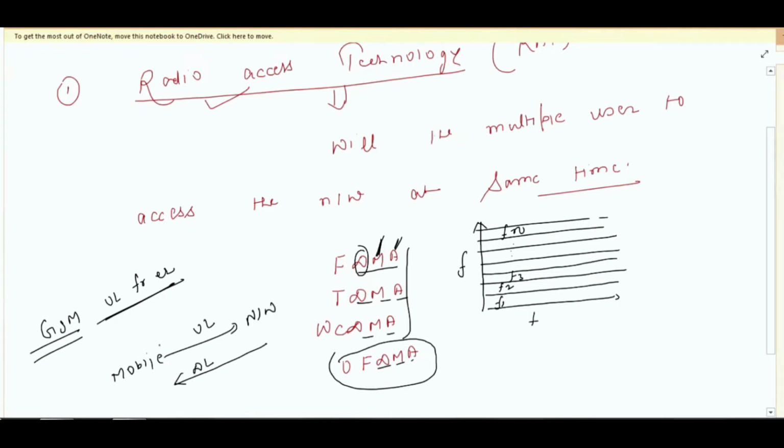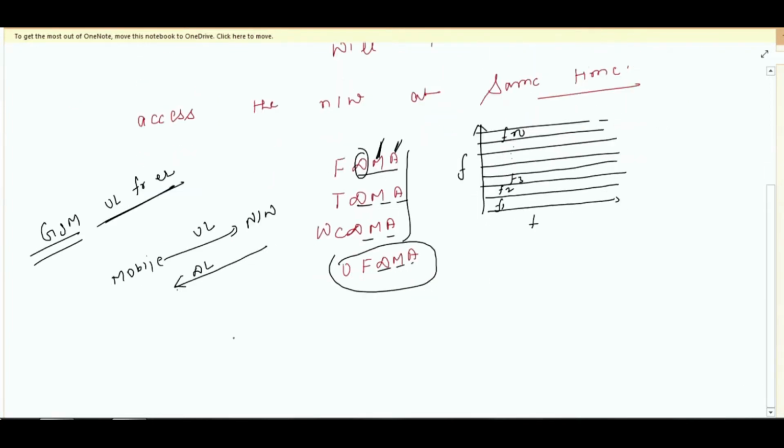So if your mobile has to transmit any information, the mobile will transmit in the uplink frequency. But if the mobile has to receive something, then it will receive in the downlink frequency. That's the reason for transmitting the information, you have two different types of spectrum, uplink spectrum and the downlink.